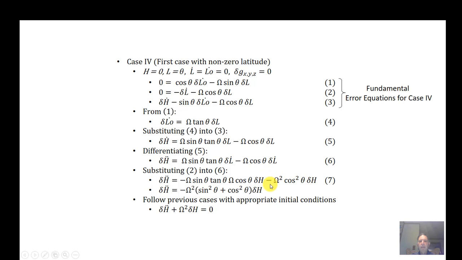And utilizing those trigonometric identities, we'll obtain a similar non-homogeneous part of the solution as follows.